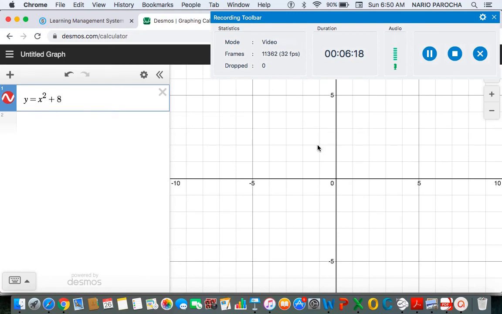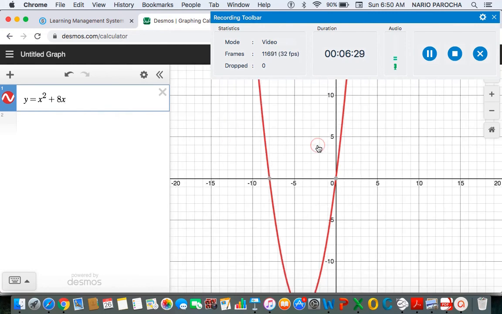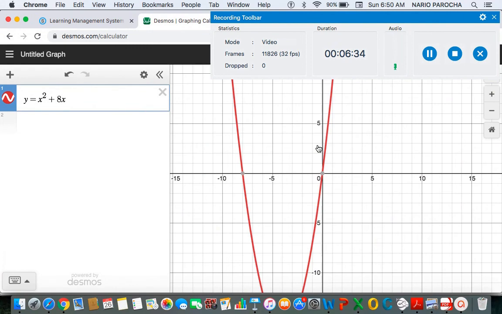We expect our solutions to be at 0 and negative 8. We are correct. These are the solutions, these are the roots. This is (0, 0), and this is (-8, 0).